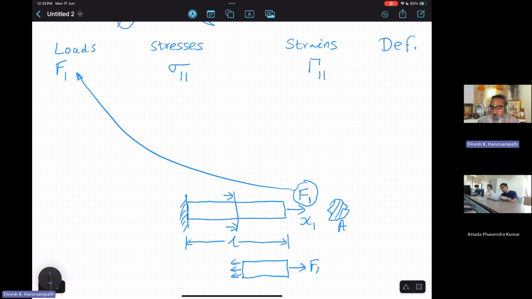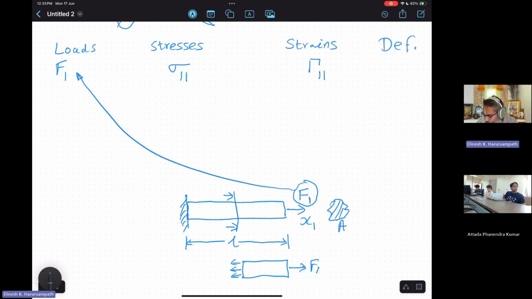Would it be just this, or would you have other strains as well? In reality, you also have gamma 2,1. Why would you have gamma 2,1? It's a shear strain, right? Whenever the subscripts are different from each other, you would end up with shear strain, right?